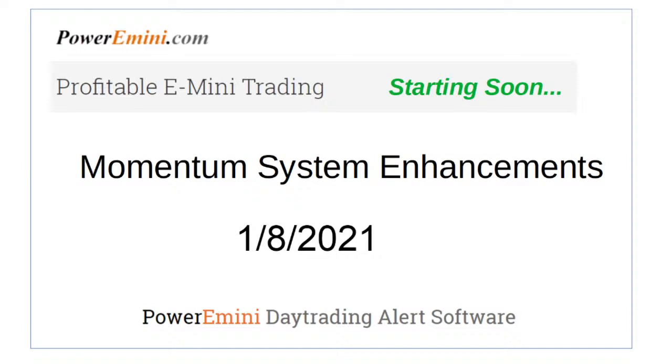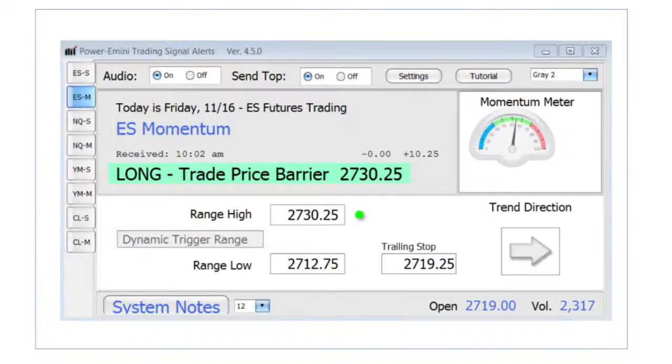Today we're going to start with the momentum system and do a good review of that, and talk about a couple key points you need to be aware of when you follow the system.